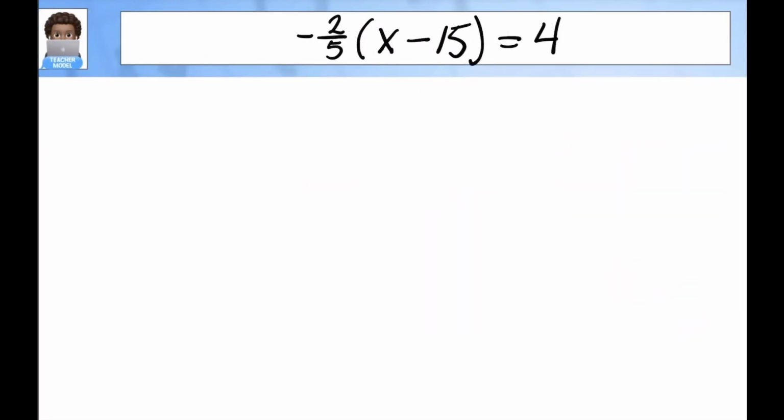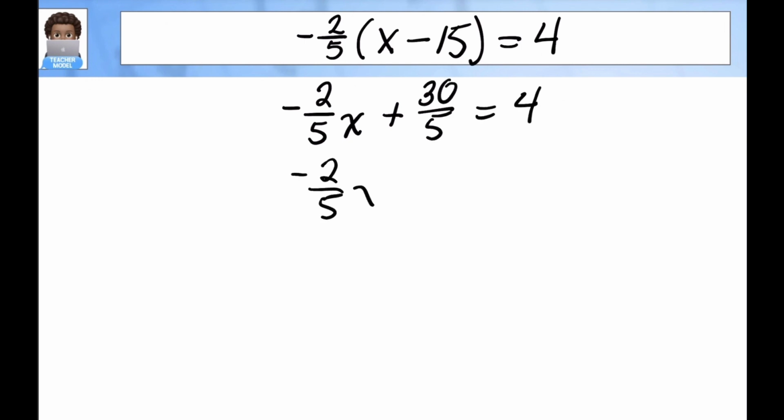We'll do one more for practice here. We have negative 2/5. And I wanted this on purpose for a reason, because now I have negative 2/5 x. I wanted to think through what happens when we have a negative and a variable. And we multiply on the other side, negative 2/5 times 15, I get positive 30/5 is equal to 4.